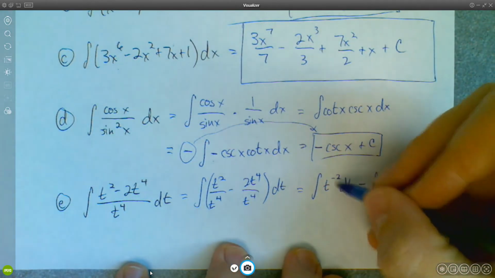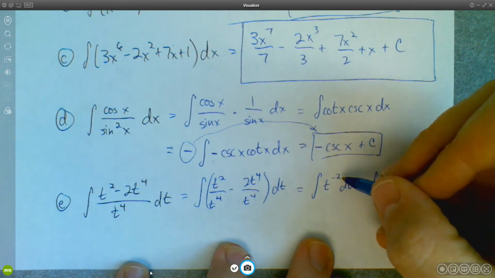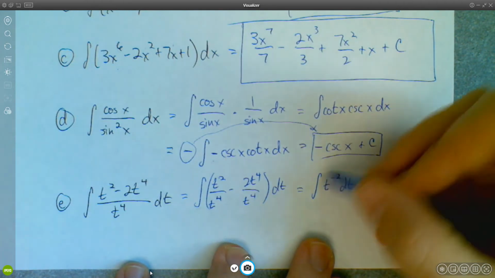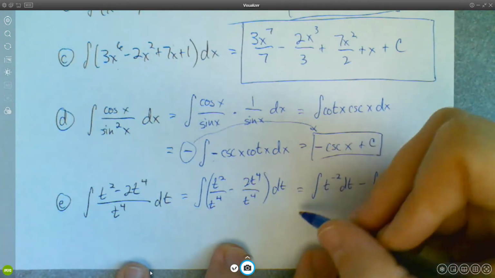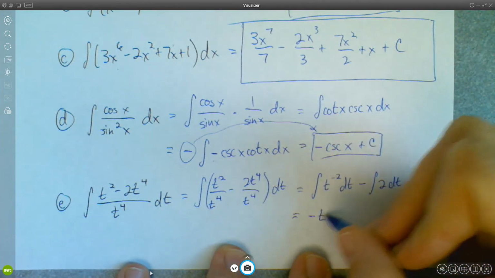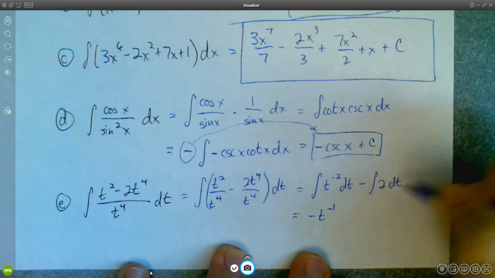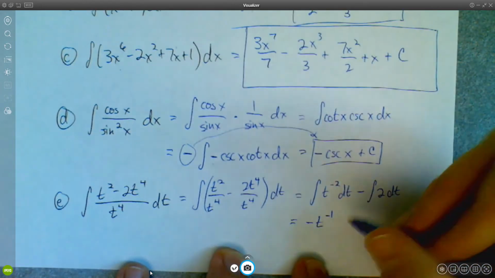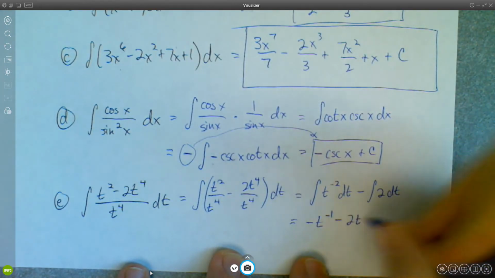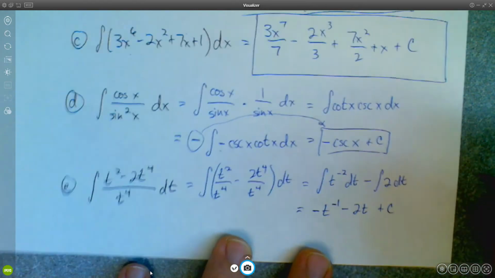I add 1 to the exponent, I get negative 1, and then I divide by negative 1, and I'm going to get negative t to the negative 1. And then here I have a 2t to the 0, which is just going to be 2t to the first power. So minus 2t, and then plus c.